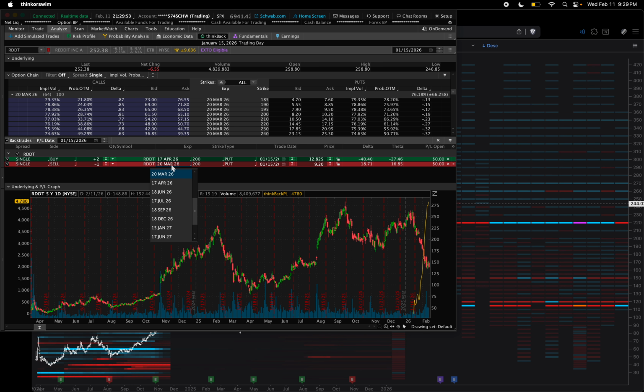And you could probably get away with selling. You can't, it's the 6th. Never mind. I was going to say you could get kind of cheeky and try to collect credits before the event. That's very common. You collect credits before the earnings, and then you have an outright position with your long on a put or long on a call through the event, right? But in this case, it doesn't seem to matter.